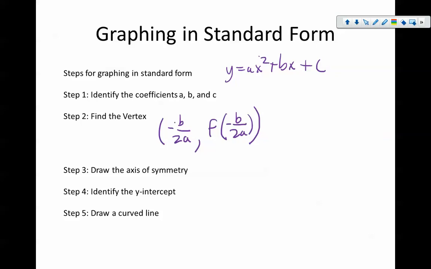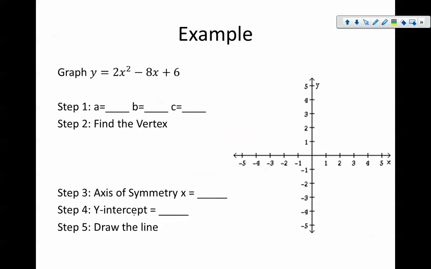We are then going to draw in the axis of symmetry, and the axis of symmetry is going to be at that same point where we find the -b over 2a. Then we're going to identify the y-intercept. That's our c value, right? Once we have those things down, we can draw a curved line. So let's go ahead and do these 5 steps together, okay?